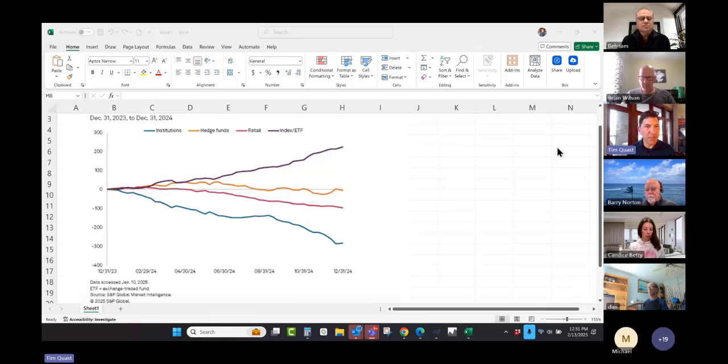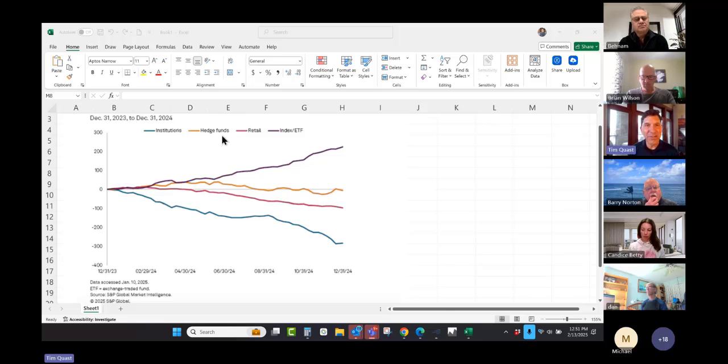This is data from S&P Global. We license GICS and other data from S&P Global, and they looked at the 12-month flows, December 31, 2023 to December 31, 2024, and they clustered flows into 4 groups. Ironically, so do we, from a volume perspective.